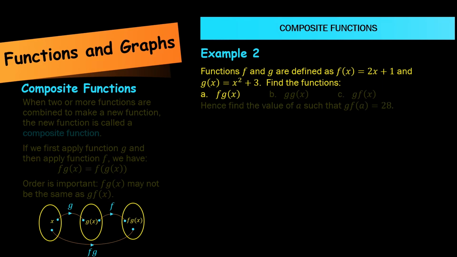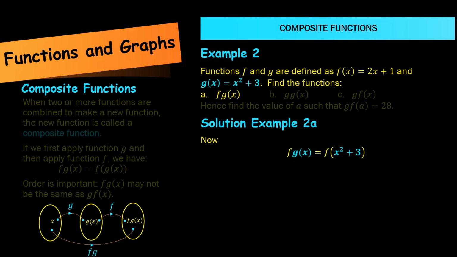So let's solve example 2a first. Functions f and g are defined as f of x equals 2x plus 1 and g of x equals x squared plus 3. Find the function fg of x. So let's solve this. Here's g of x. This is of course simply equal to x squared plus 3.